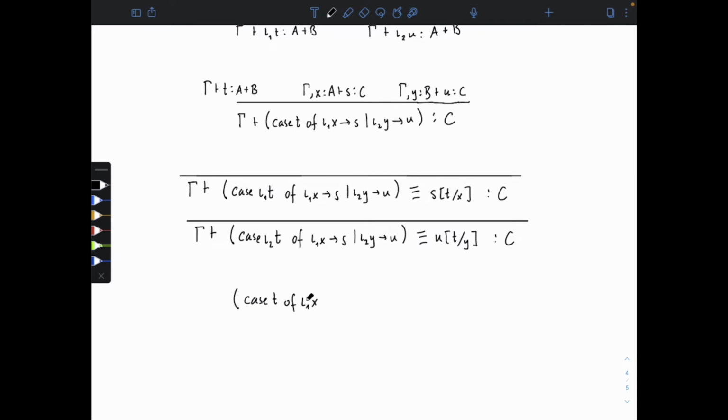Now I took it apart, yes? And then I have to put it back together. Well, this is how I put it back together. But if my t is of this form, then how do I put it back together? Well, like this. And we would expect this to be equal to t. And once again, we get something that's slightly weird, that is not really clear whether we want to compute with this thing.